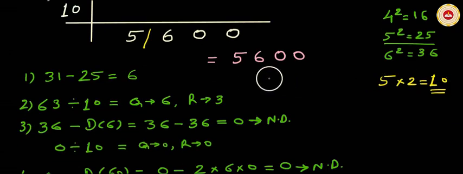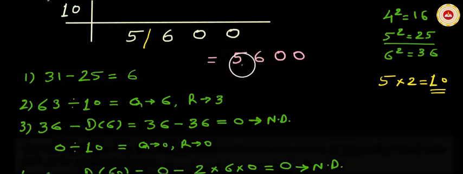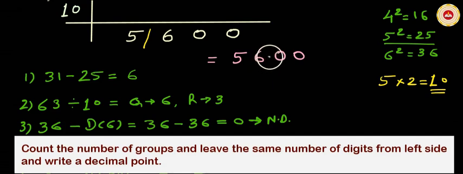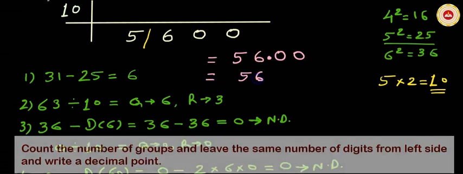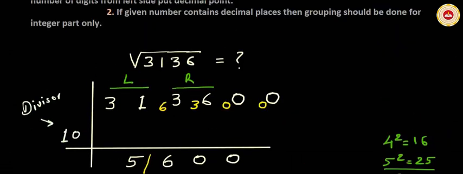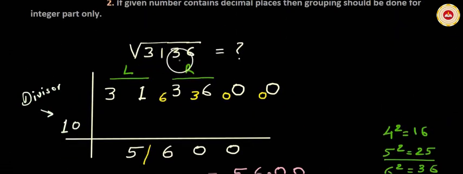So let us count two digits from left to right, and after two digits put a decimal point. It means that 56 is our answer. That means the square root of 3136 is equal to 56. This is how we apply the method of Dwandwayogah to evaluate the square root of any given number.